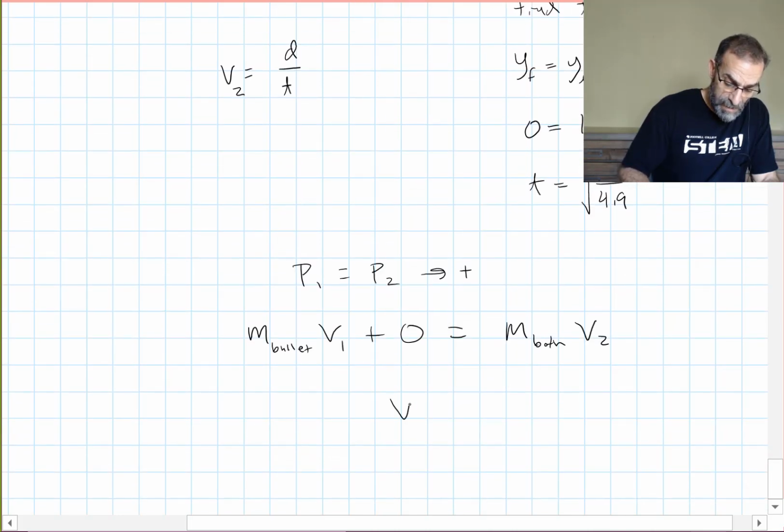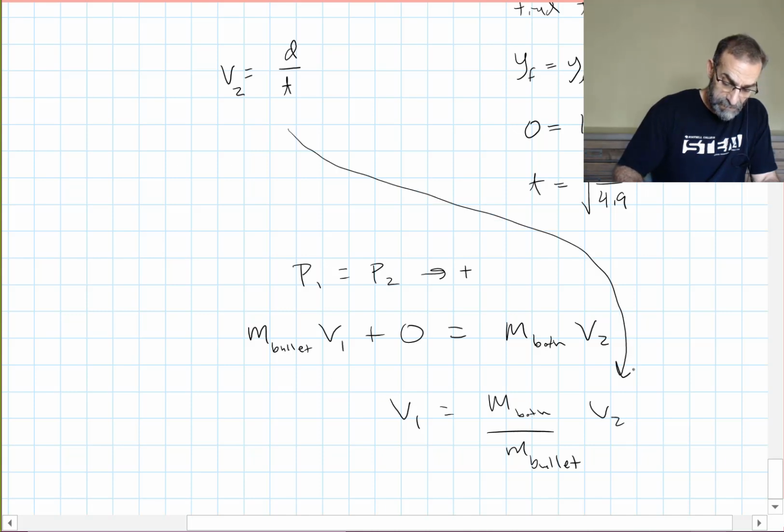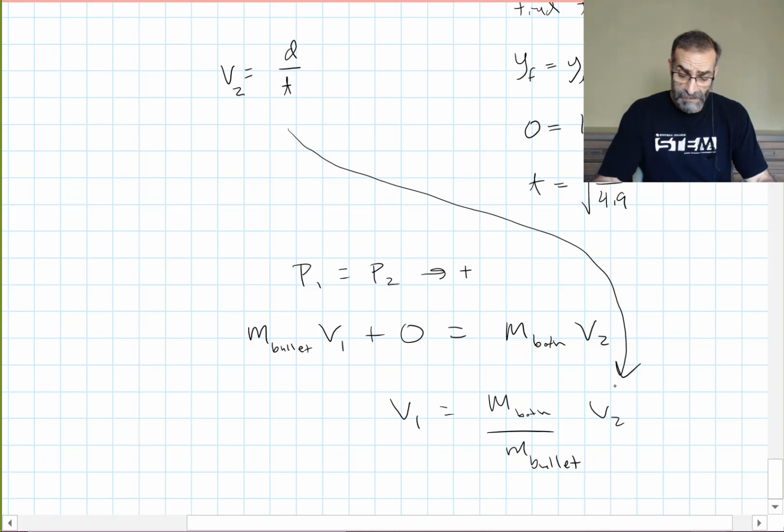And solve for v1. I don't think you can use conservation of energy because you're going to find the total velocity, right? You want the velocity in the x direction, not the total velocity.